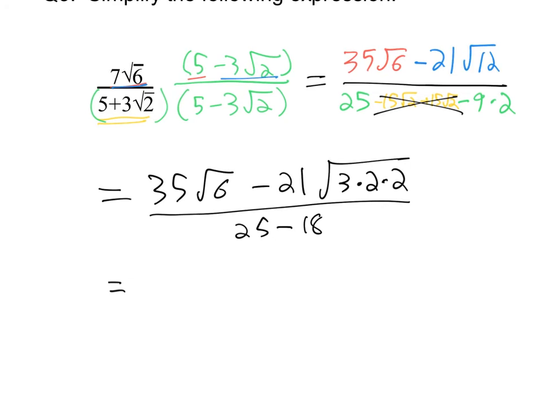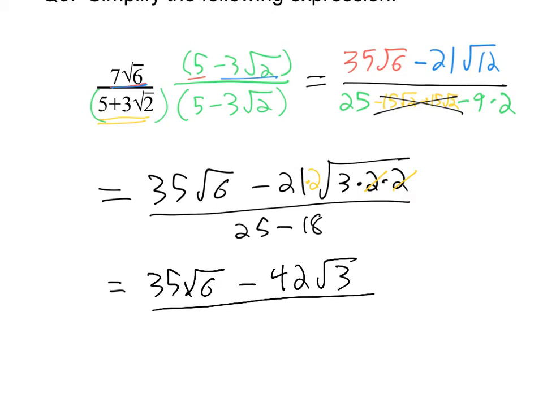So, to finish this off, we want to simplify root of 12. So we can do that by taking a factor of 2 out. So we have 35 root 6 subtract 42 root 3 divided by 25 minus 18, which is 7.